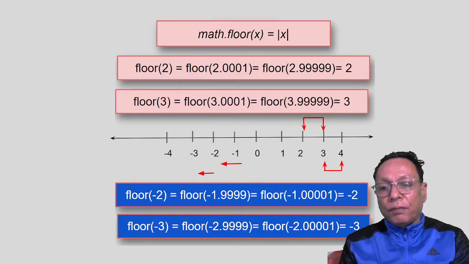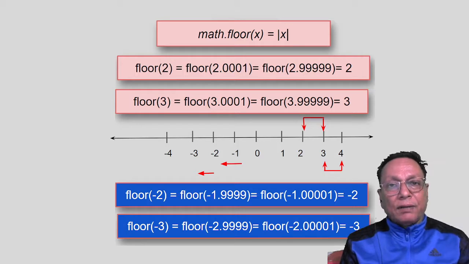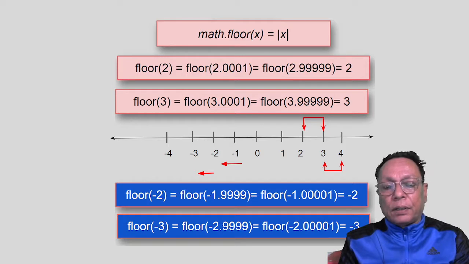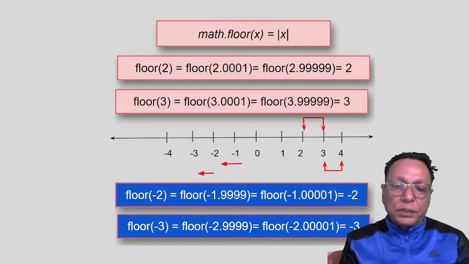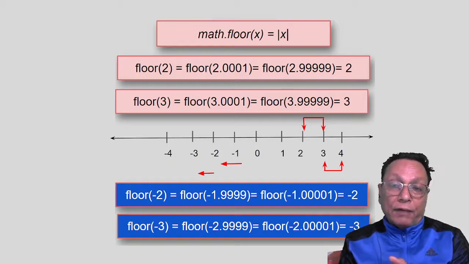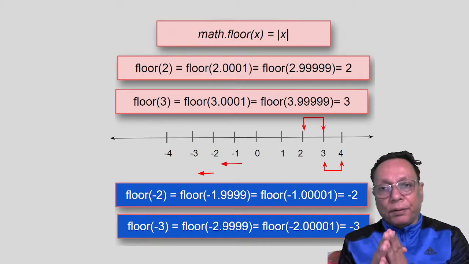Similarly, floor of minus 2.00001, which is greater than minus 3, will give you minus 3 only. Always the lesser value, right? So whenever you are facing such kind of calculation where you have to find out the floor value, keep in mind that the floor division will always give you the less or equal integer value.